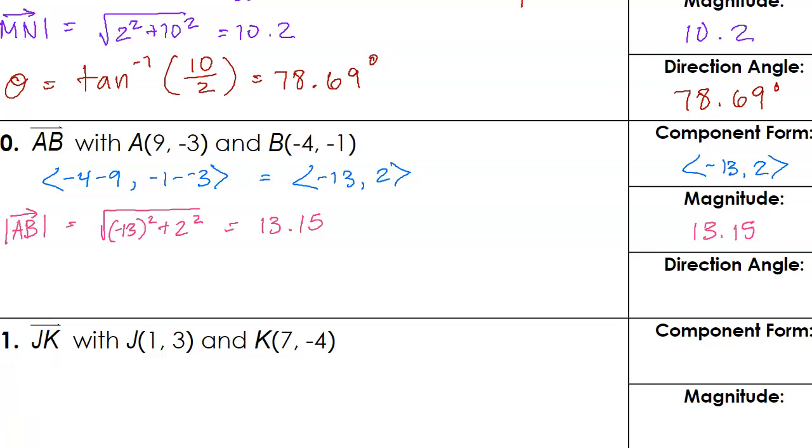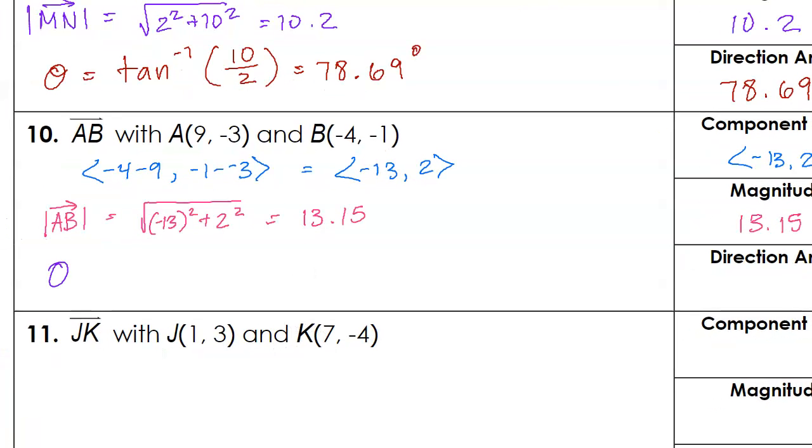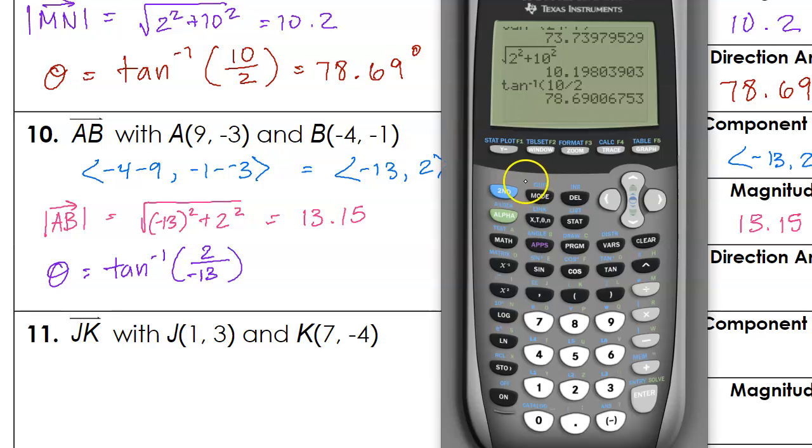Now the most important part of this, because this is what I'm going to show you, finding the direction angle. Inverse tangent of the B value of our component form, which is 2, over the A value, which is negative 13. Inverse tangent of 2 over negative 13, and we get negative 8.75.